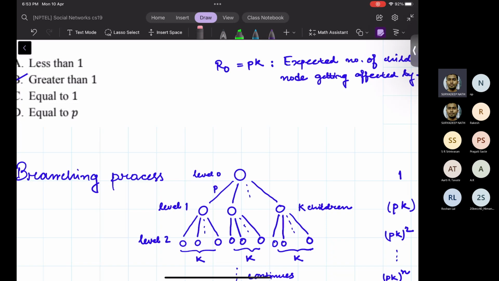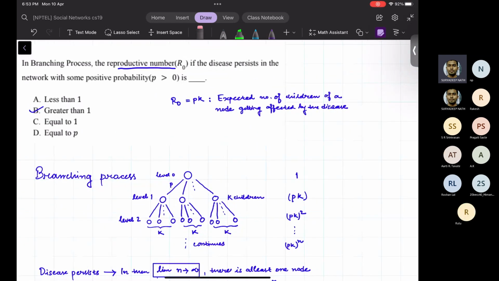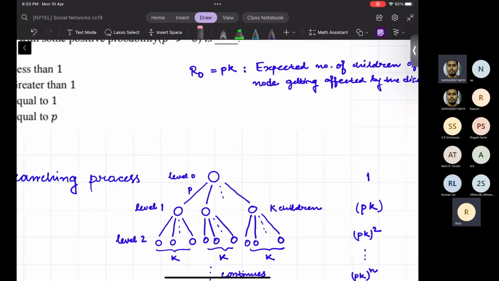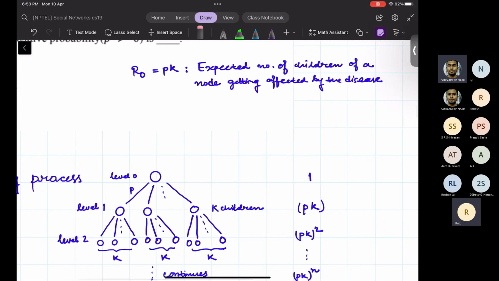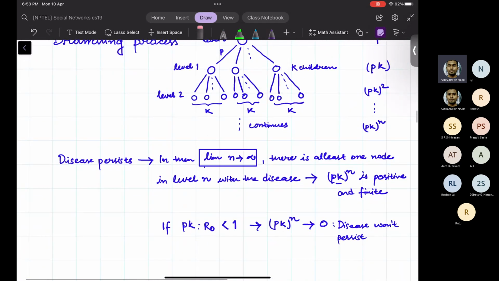This continues. In level 0, the expected number of infected nodes is 1. In level 1, the expected number of infected nodes is pk, in level 2 it becomes pk squared, and up to level n, it becomes pk to the power n. What does it mean when we say a disease persists in a social network?